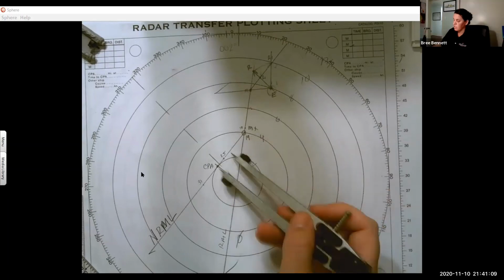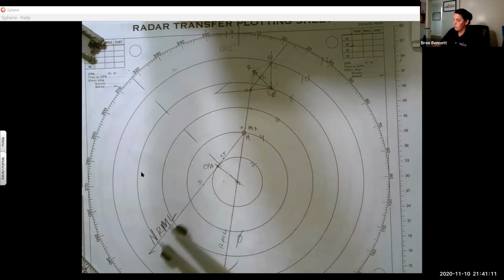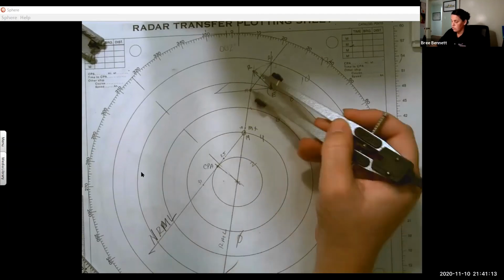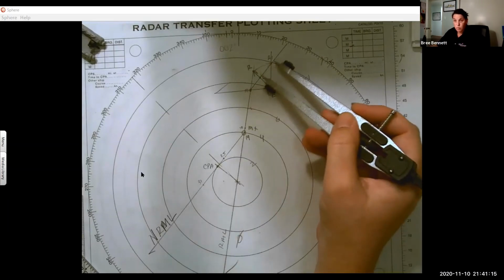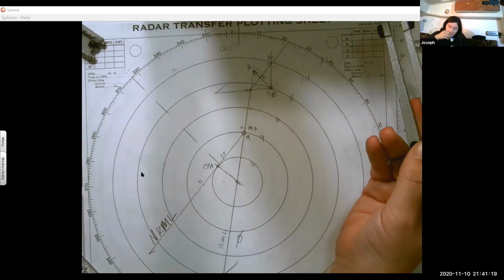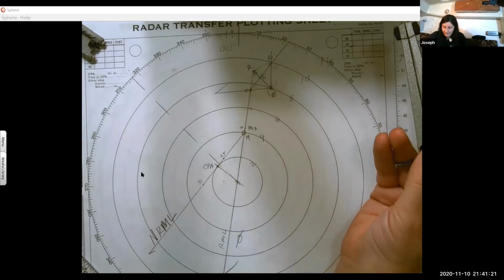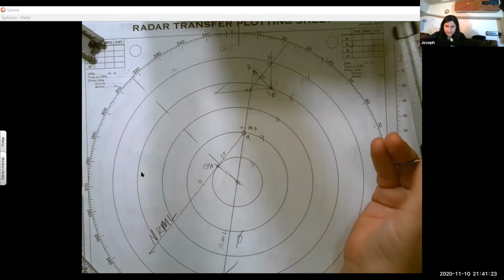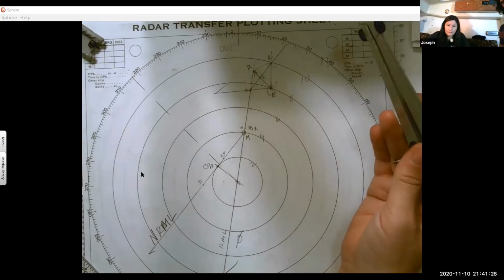So you want to make sure when you're moving on the new relative motion line, you're using the new relative motion speed. Okay. Cool. All right.